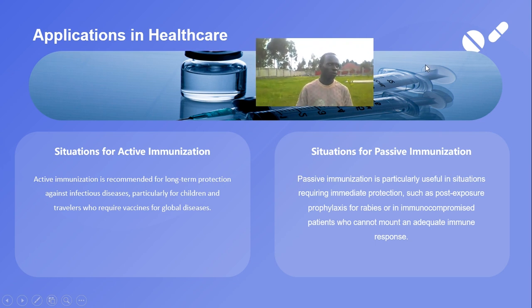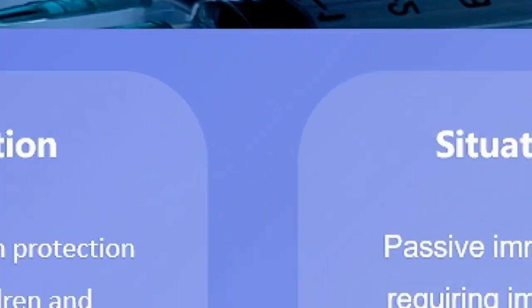So while the body is waiting to make those antibodies to fight that specific pathogen, the patient may receive antibodies from another individual, which will help him or her in that situation.